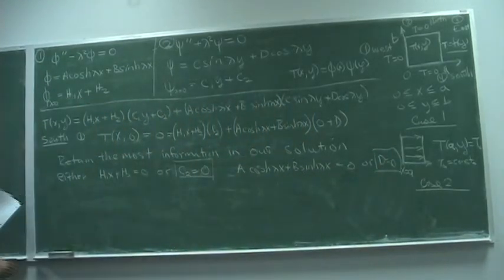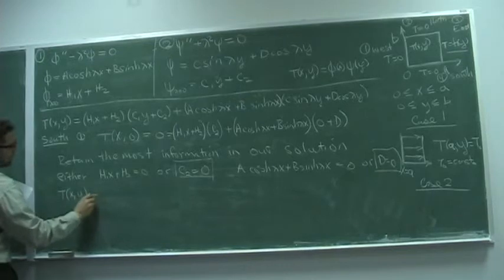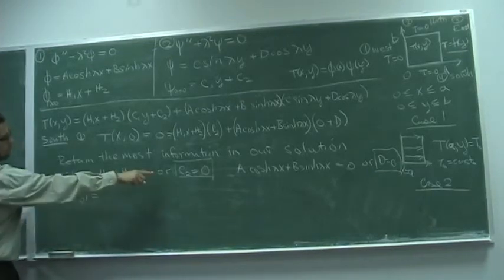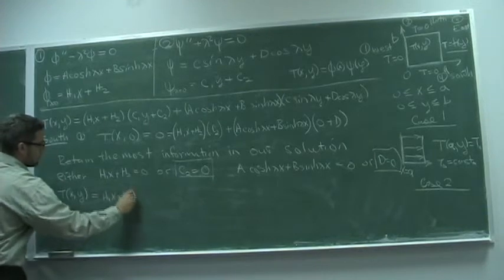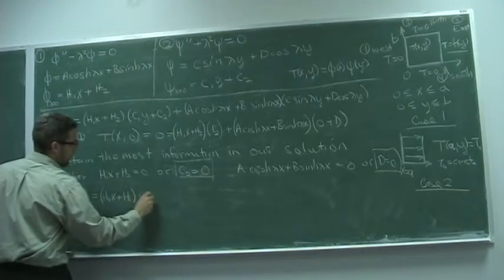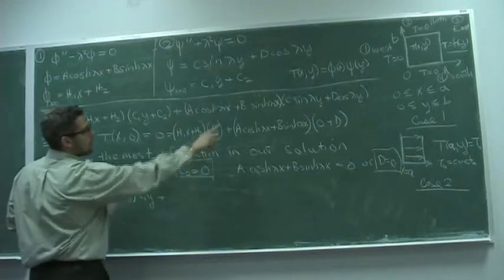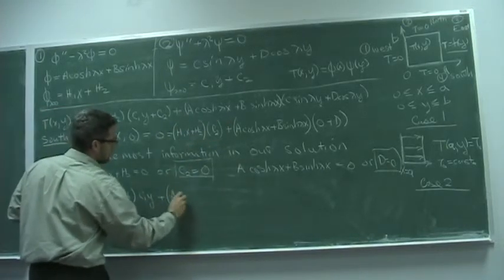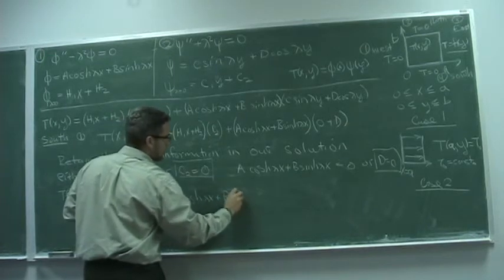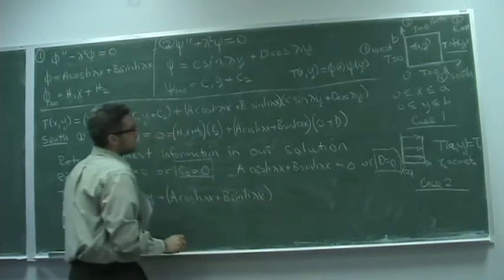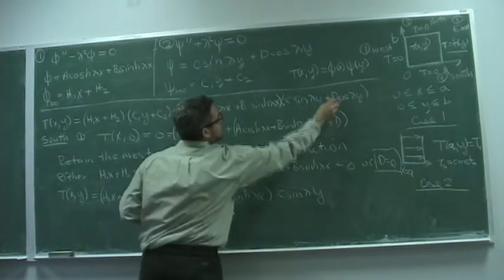So we can rewrite our equation now. After applying these boundary conditions, T of x and y is: c2 is 0, so we have h1x plus h2 times c1y, we got rid of c2, plus, since we let d go to 0, we have a cosh(lambda x) plus b sinh(lambda x), and we just have c sin(lambda y), because d is 0 and that term goes away.